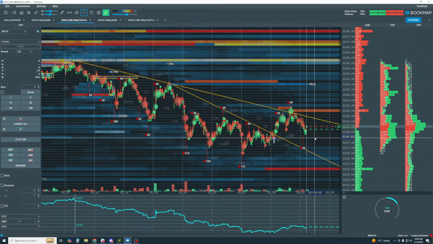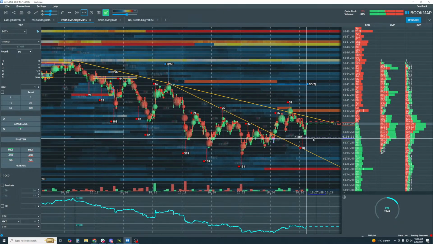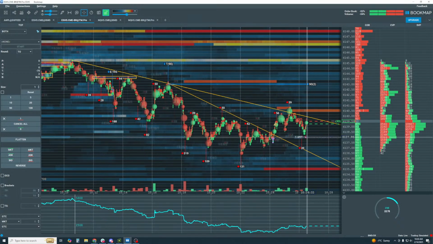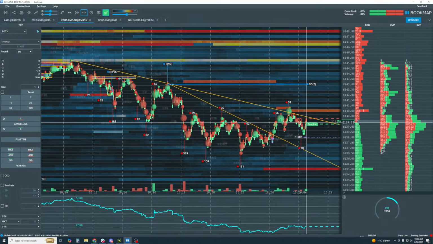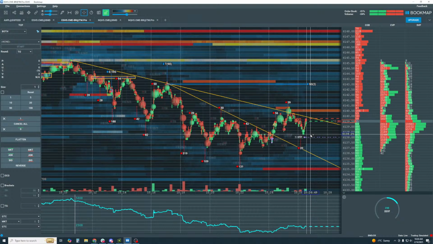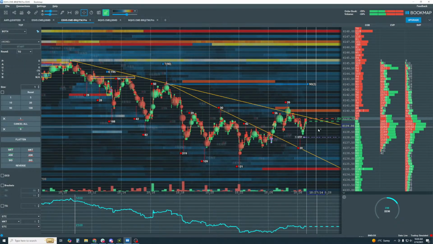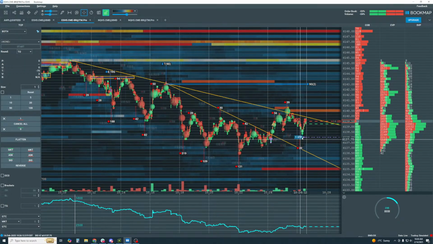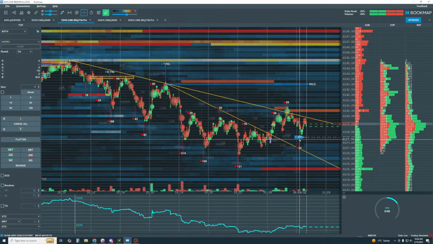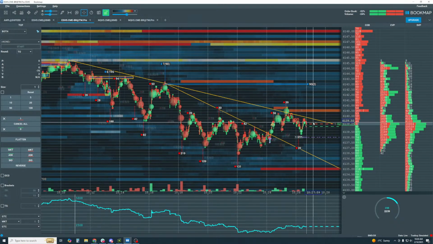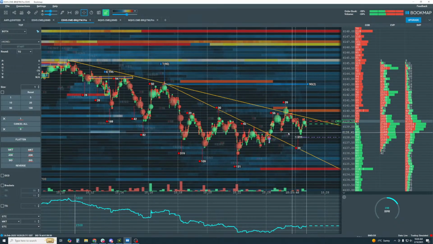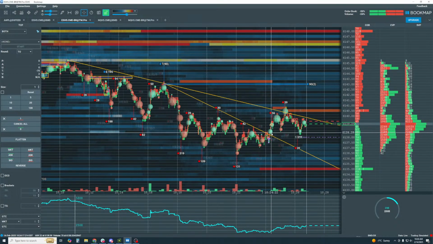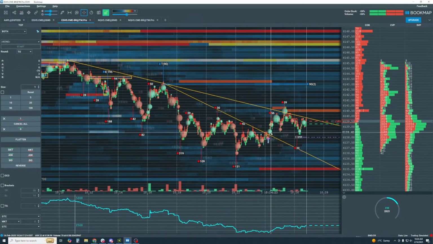If we can get through that on some selling, I'm going to hold my shift key down and right click here. Now we don't see it yet, right? So I'm just kind of putting a placeholder in here and seeing if we can get it here. I need to see selling below this area here at 38.